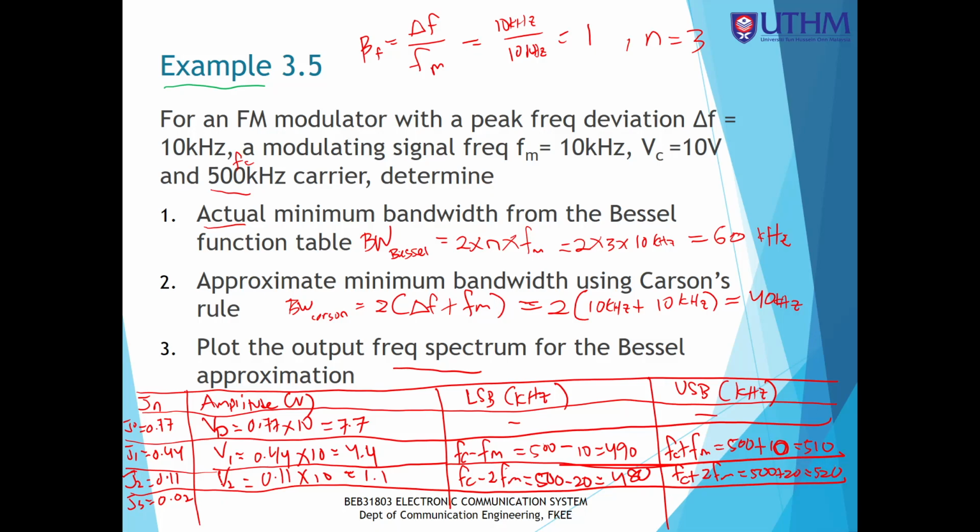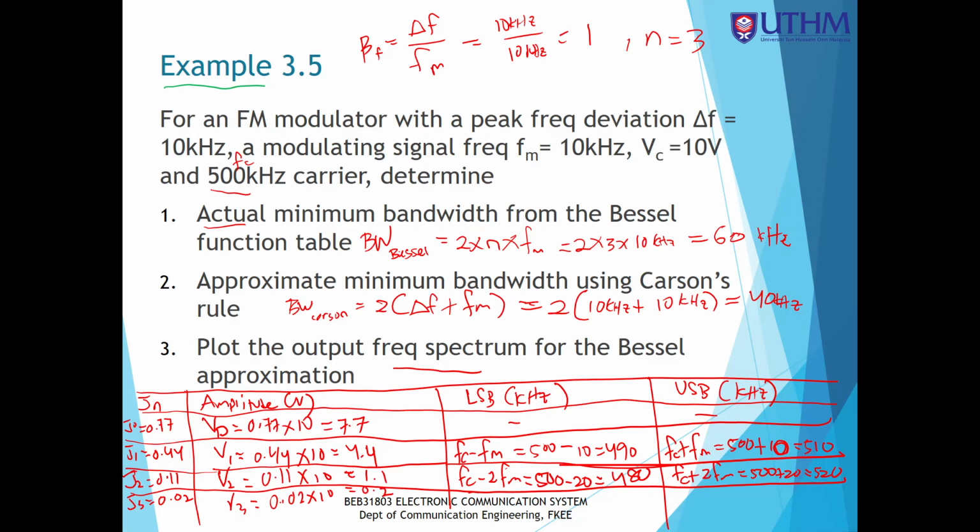And for the third sideband, V3 is equal to 0.02 multiplied with 10, so equal to 0.2.